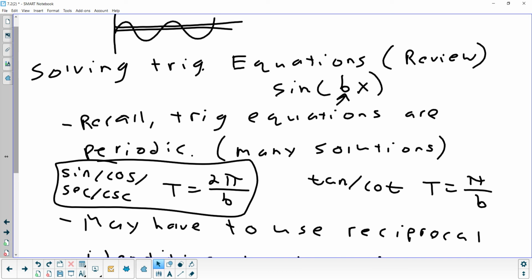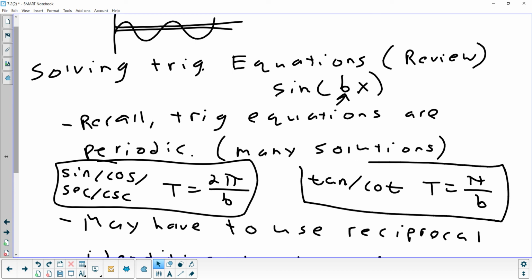It's the same b, the notation I always use when we talk about transformations. It's the coefficient of x. So the idea is to find one solution and then add the period times n. That means the solution can repeat every single cycle.